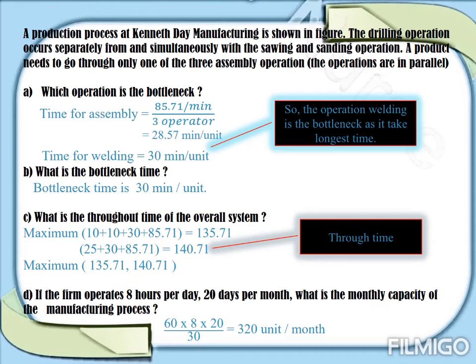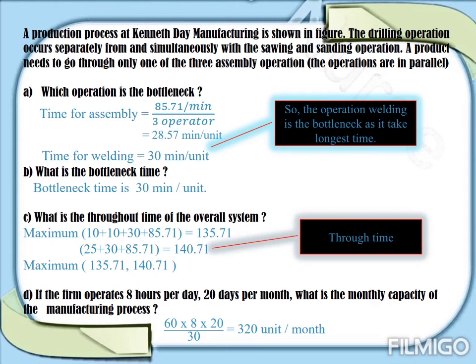We observe the figure, where sawing will be 10 minutes per unit, as we converted just now for all the operations. Sanding will be 10 minutes per unit, drilling will be 25 minutes per unit, welding will be 30 minutes per unit, and assembly will be 85.71 minutes per unit.